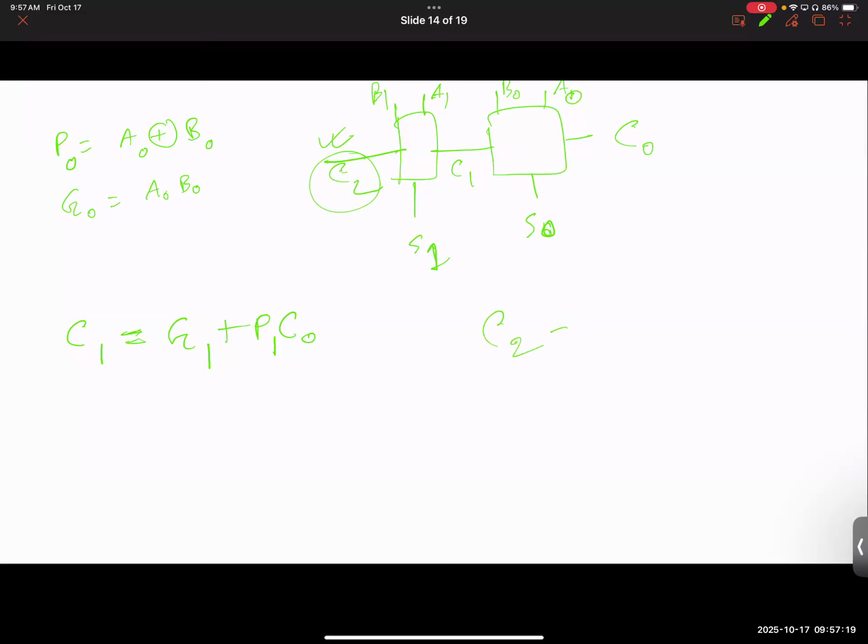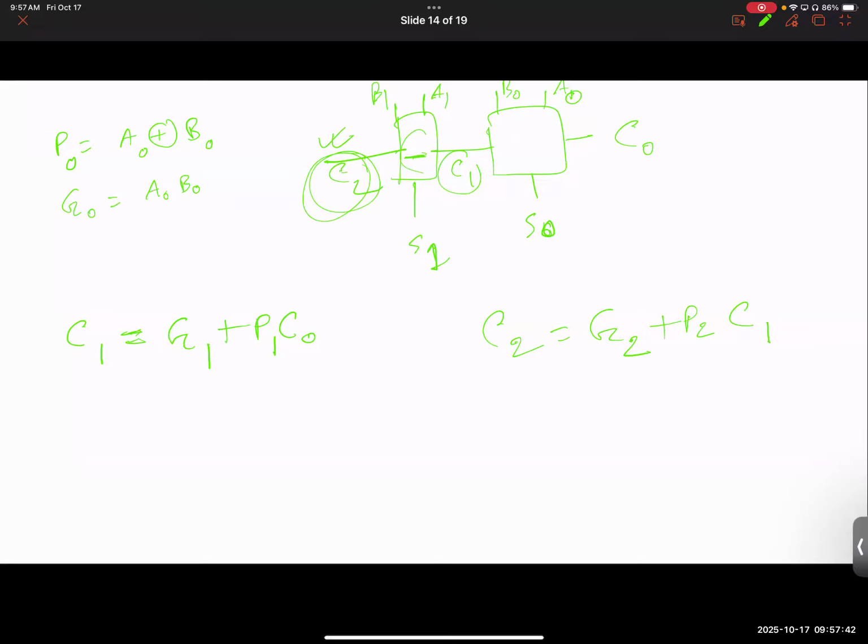What is C2, folks? C2 will be G1 plus P1 times C1. Why C1? Because the carry input of this stage is basically carry 1. What is the carry input of this stage? C1.